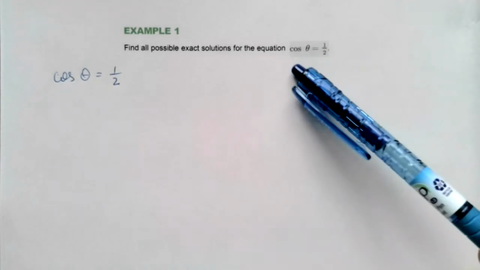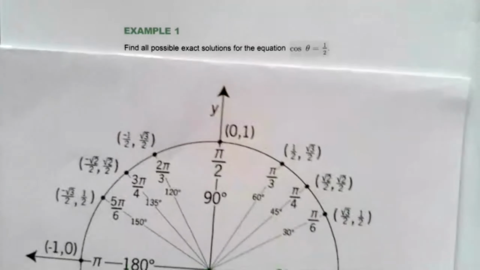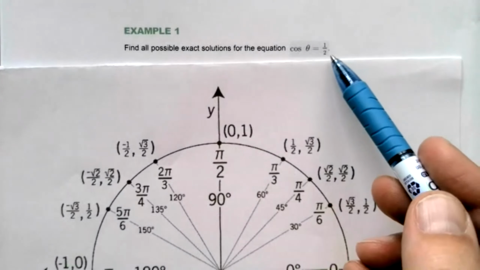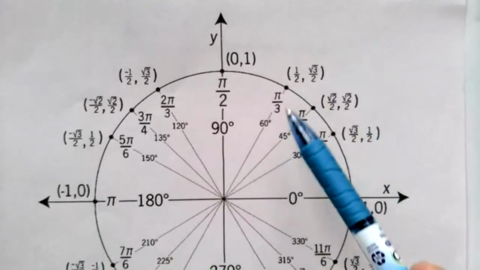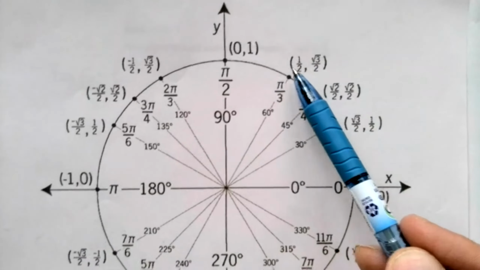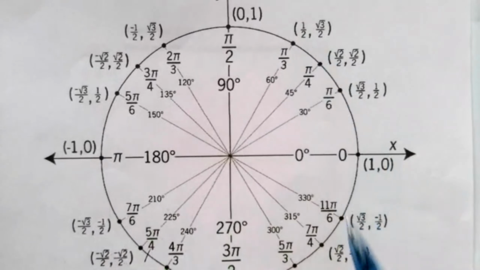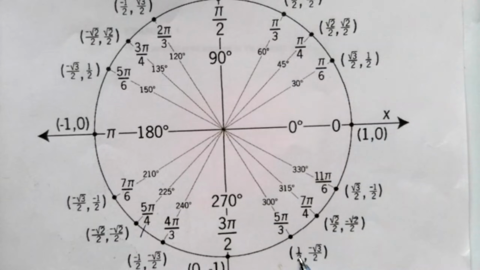Our first equation is cosine theta equals 1/2. So when we look at our unit circle, it says cosine theta is 1/2. That's the x value, right? So on the unit circle, we have pi/3 with that value of cosine, and there is another angle, 5 pi/3, down here.